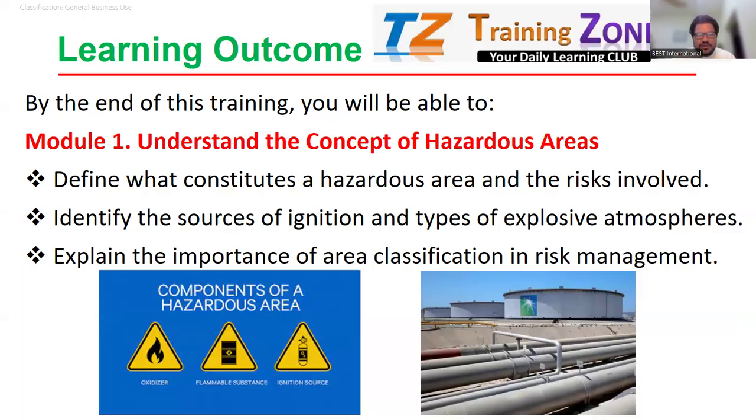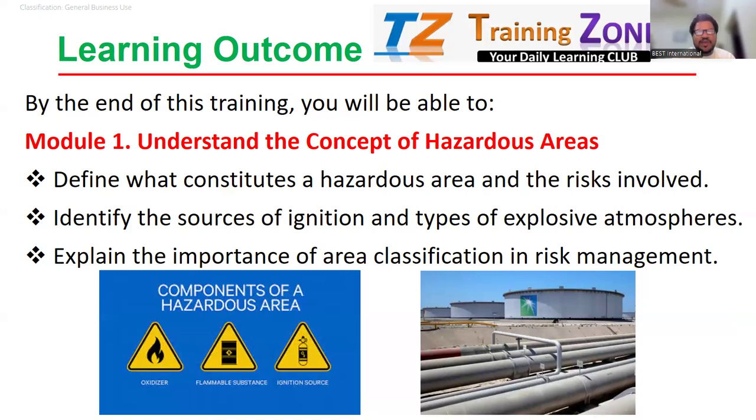And the third part of this module number one is all about the importance of area classification and risk management, because ultimately we have to manage the risk. Risk cannot be eliminated. Yes, if you eliminate the hazard, the associated risk would also be eliminated. But otherwise, if you are working along with those hazards, the risk would also be there. And we all are somewhat facing risk in our surroundings.